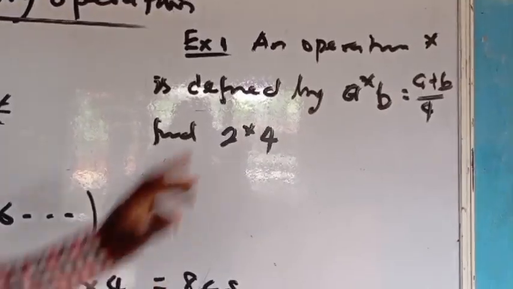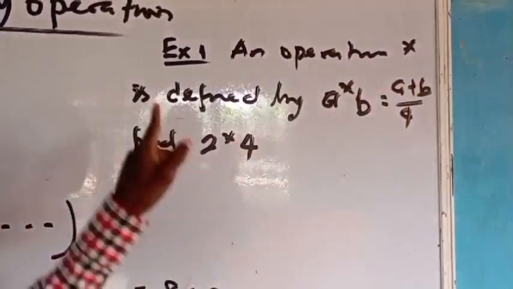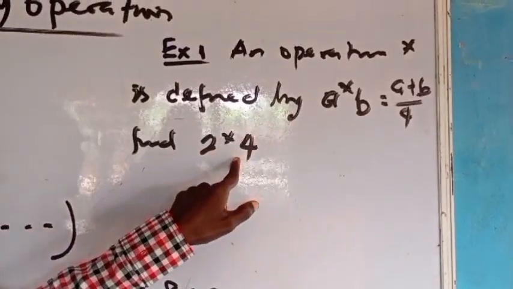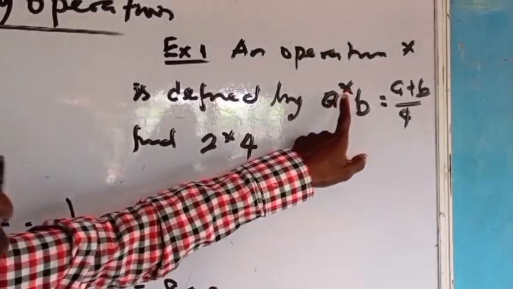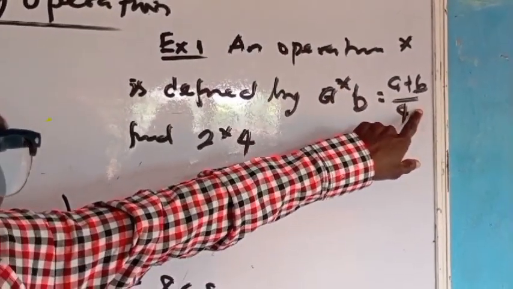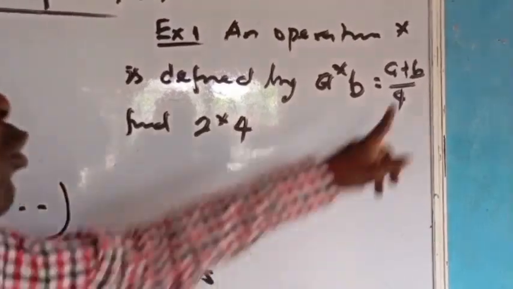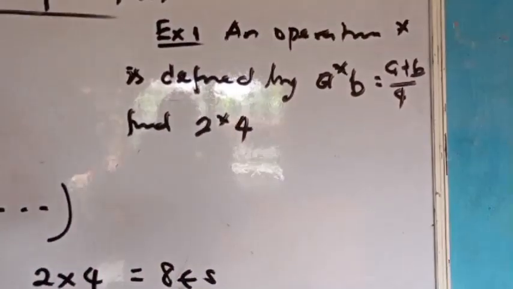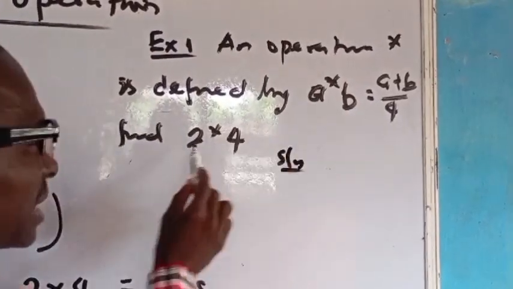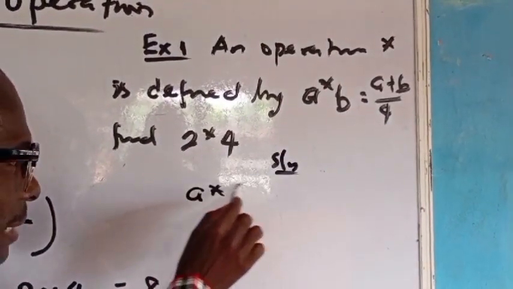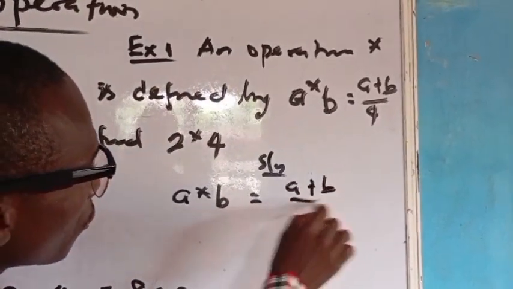Let's look at this now. If an operation asterisk is defined by this, find this. If this is given to you, all you need to do is follow the law. This is what the law of this operation is saying. So all we need to do is obey this law. So in this case, solution: we have A asterisk B is equal to A plus B over 4.